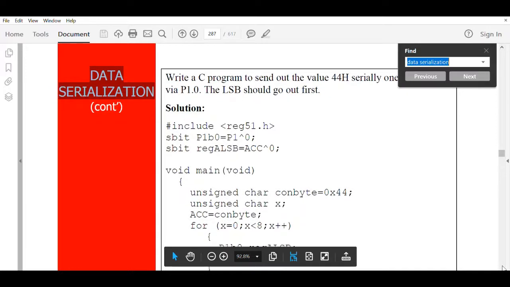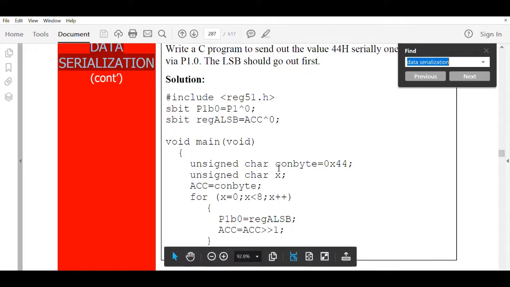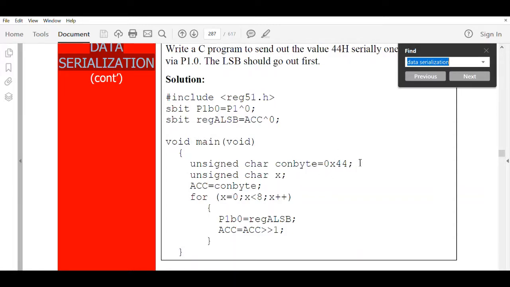We have defined the accumulator LSB and P10, and then we'll just declare a particular character, and you're going to move 44H to this particular variable, con byte.